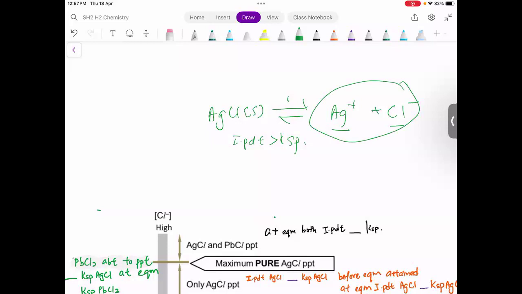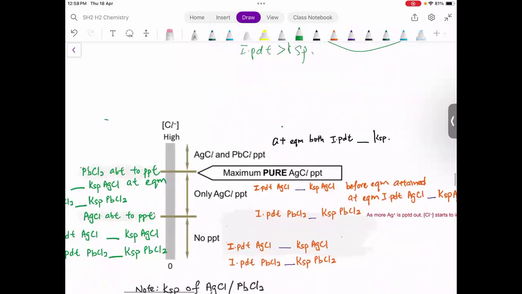When the ionic product equals Ksp, the solution is saturated. But it cannot become diluted because there's already precipitate pushed out. I haven't filtered yet because I've not maximized the precipitation of silver plus yet.